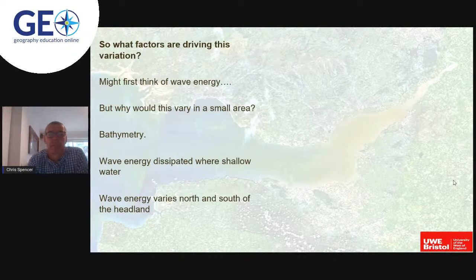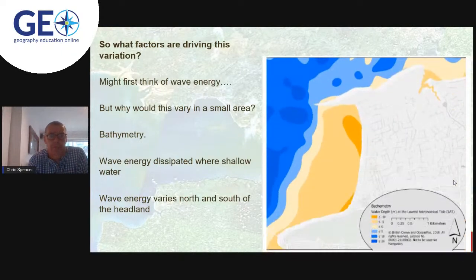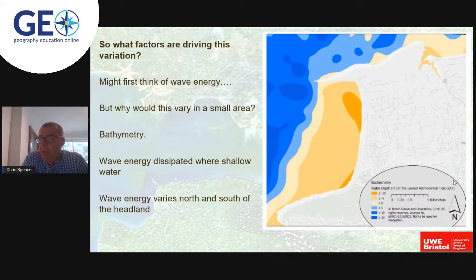And what we can do is look at what might influence wave energy. When we look at the bathymetry, the depth of the water around this coastline, we can start to see that the wide open bay, and this is just a basic GIS that I've pulled together here, has very, very shallow water.